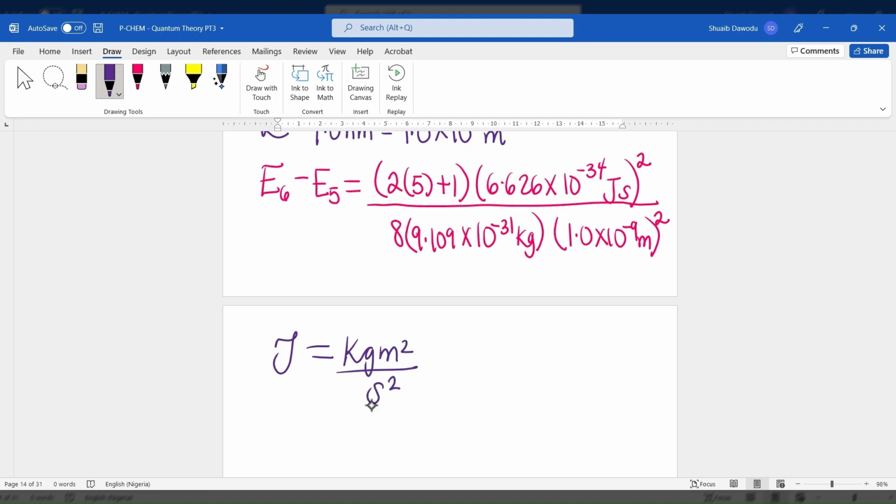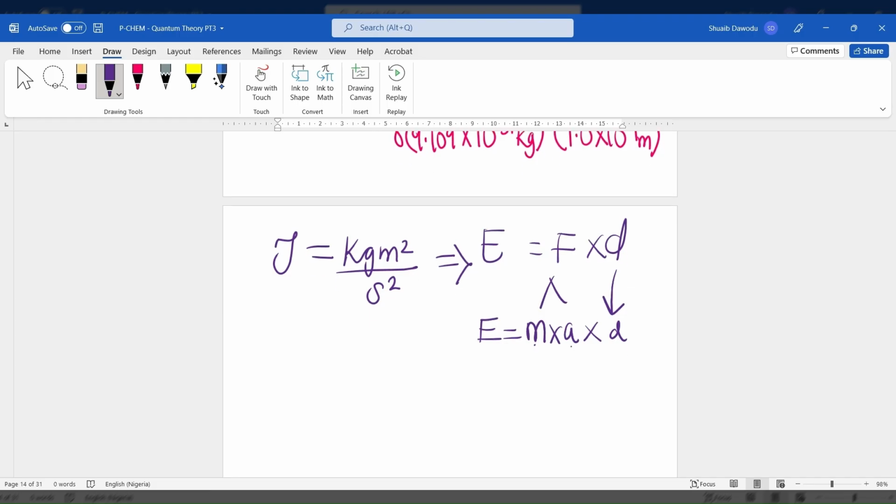So this is the base SI unit for joules. And the reason is because the unit for energy is joules, and energy is just simply force times distance, where force is just mass times acceleration, and then there's distance. So really the formula for energy is just simply mass times acceleration times distance.